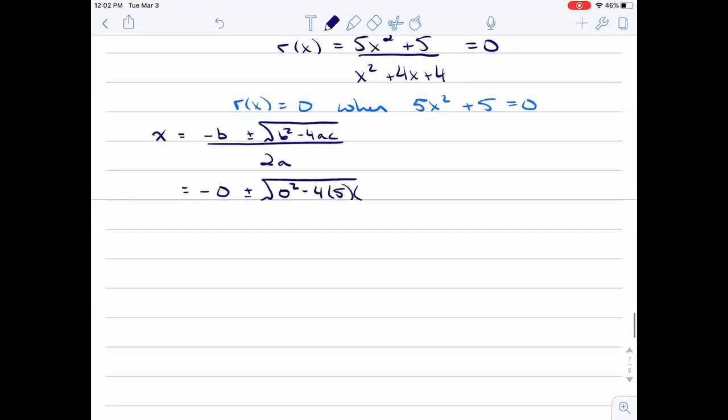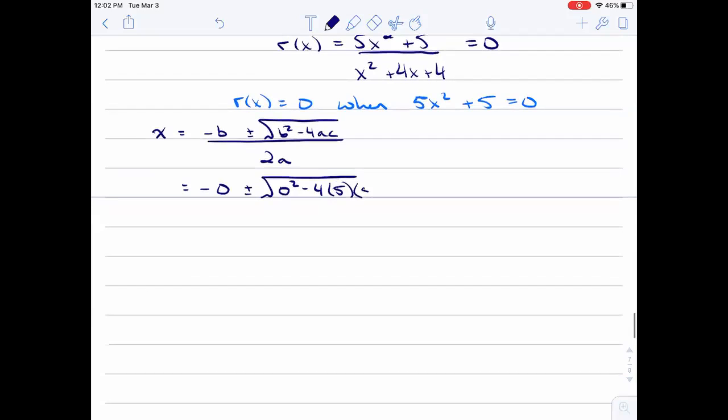A is 5, C is 5. Let's see how this plays out. I don't see it working, but it should. Here I've gone on and on about the safest way to do stuff. That doesn't work.